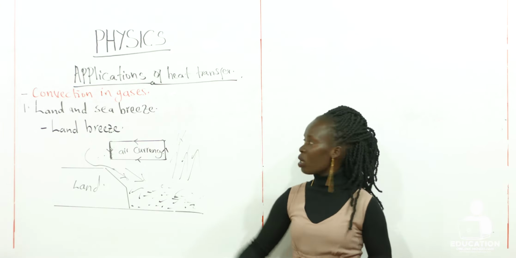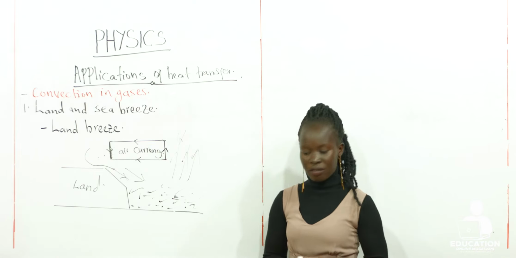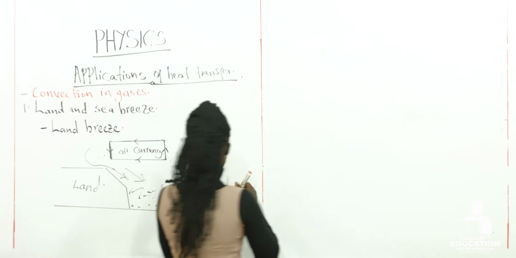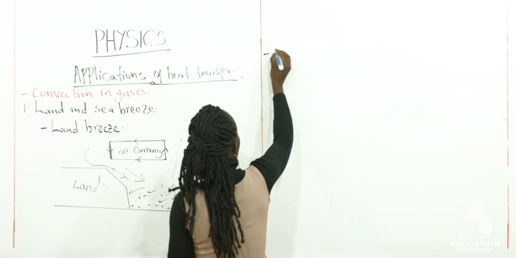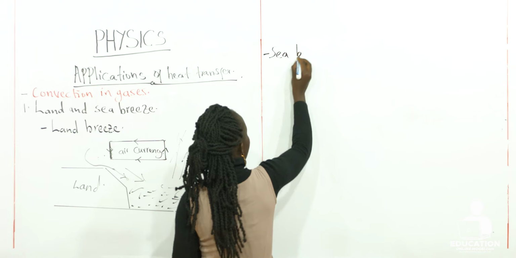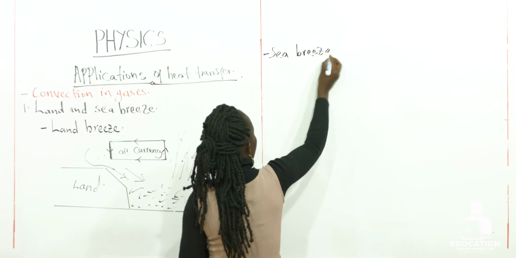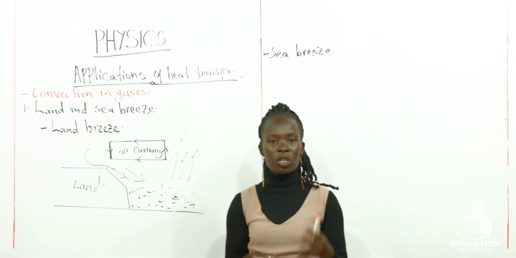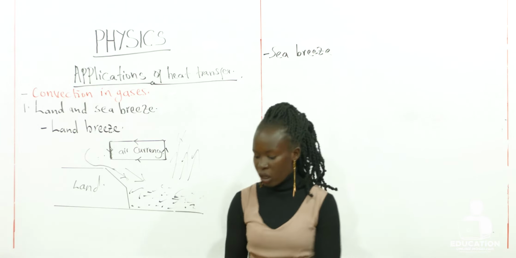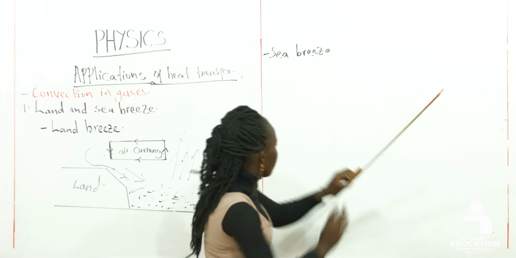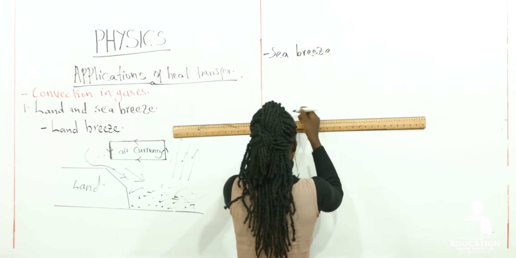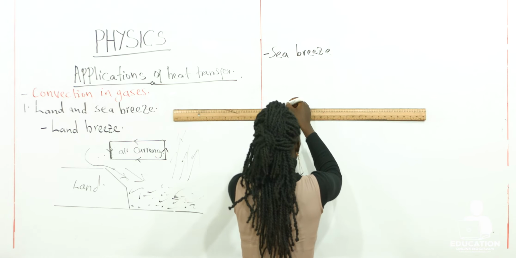So what happens when it is now the sea breeze? We have it as the sea breeze. With the sea breeze, how will the circulation look like? So if you have your land, so this is our land here.